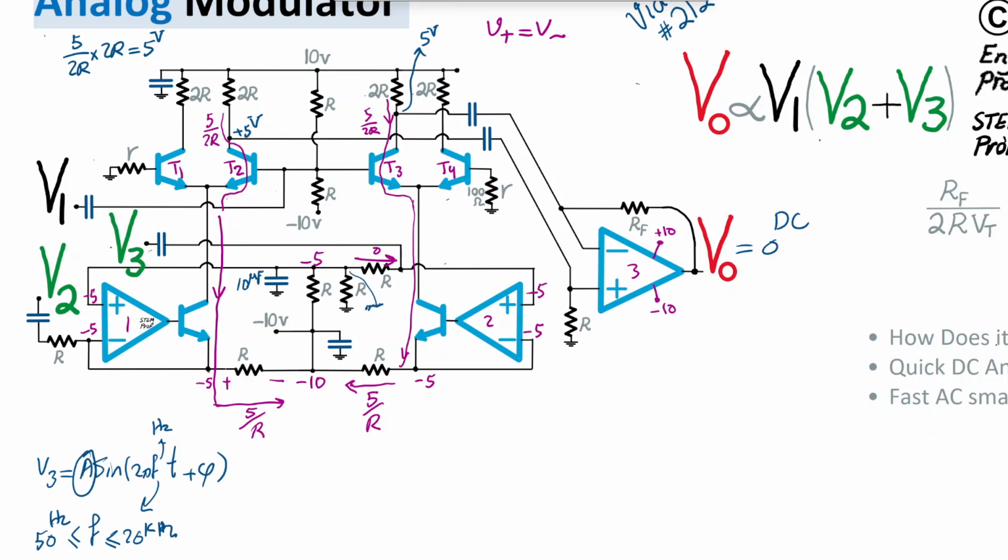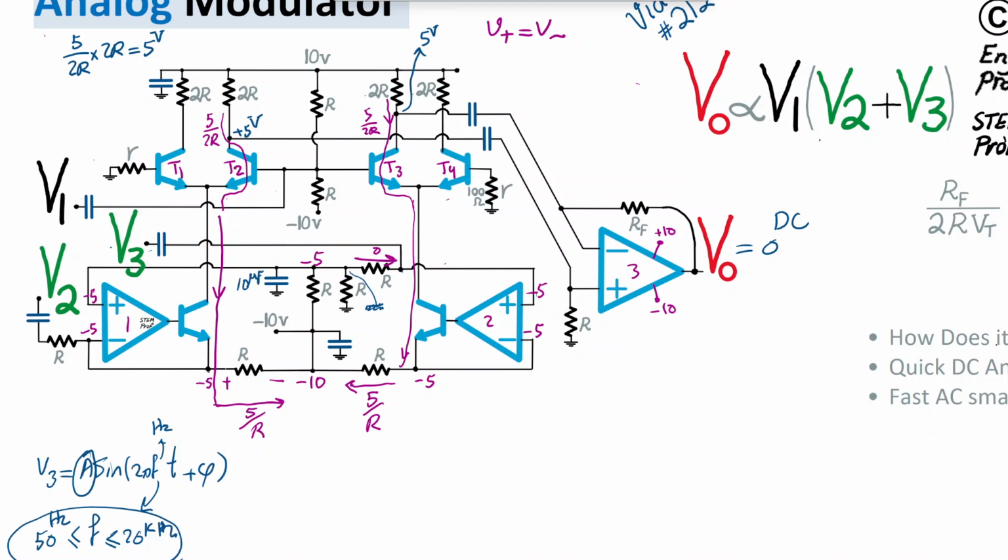Let me show it this way, virtual ground. As a result, V3 will appear, of course, mainly here. So there's a direct connection. This bypass cap, this decoupling cap, is shorted AC-wise at the frequencies of interest. And so V3 is just directly connected to the positive terminal of op-amp number 2.